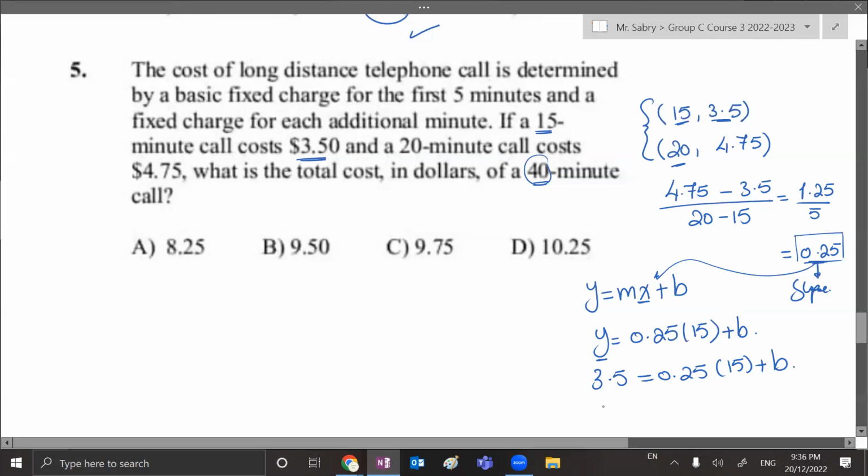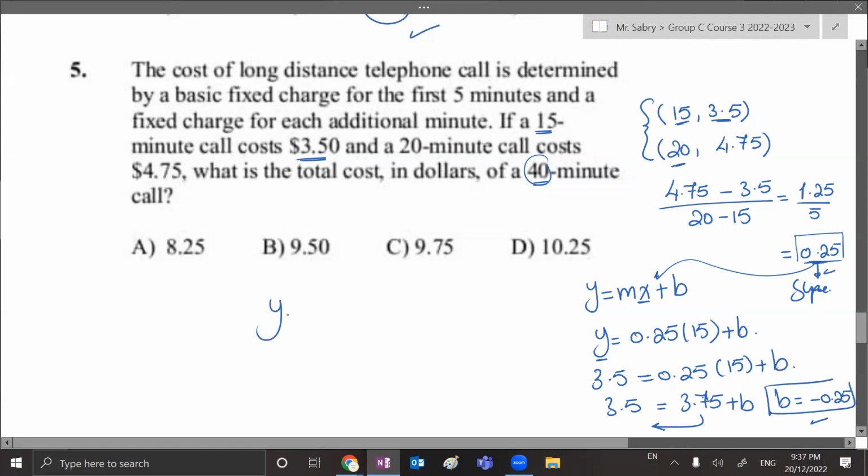Let me calculate this. So 0.25 multiplied by 15 is 3.75, plus b equals 3.5. I'll move this to the other side, so b equals negative 0.25. Now I have the y-intercept and I have the slope.